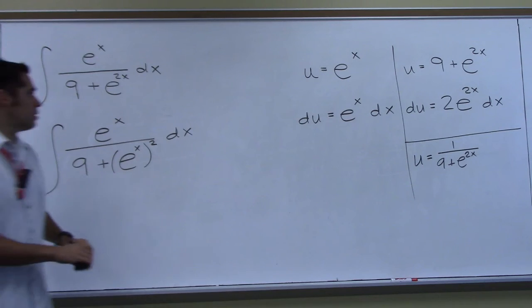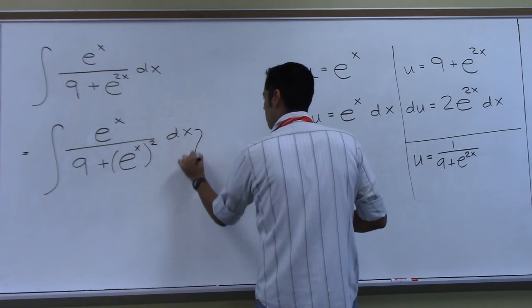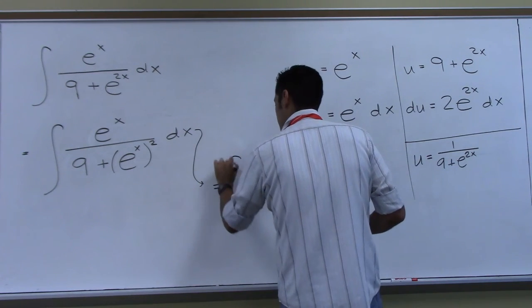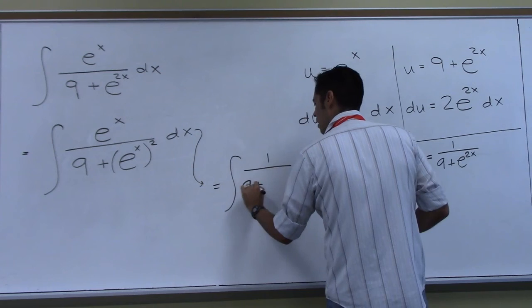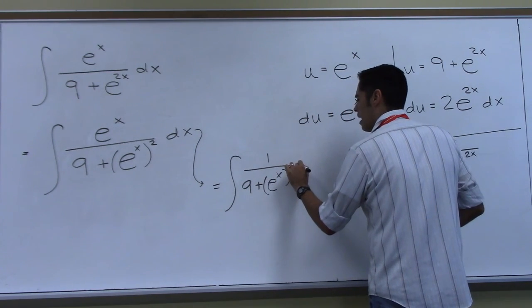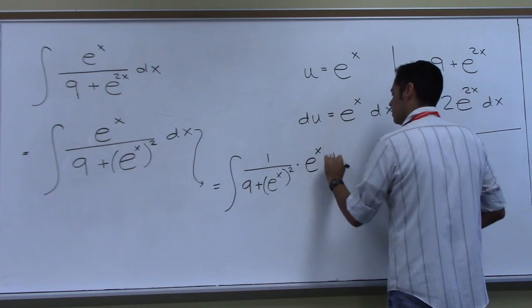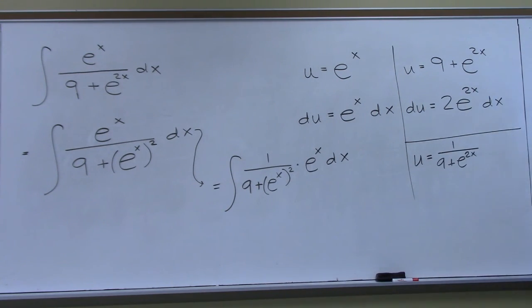So that might work. Maybe what I can do is come down with this a little bit. I'm going to rewrite this as the integral of 1 over 9 plus e to the x squared times e to the x dx. So I'm sliding that e to the x to the outside so that you can really see it's sitting there.